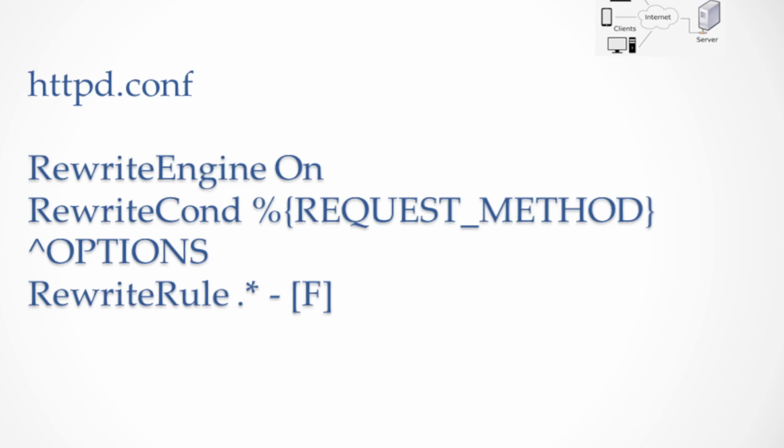And the third line is the rule that sets the action and URL that this action should be applied to, and this line above would be read as forbid access to all URLs. Taken through this rule, you can understand that it forbids access to all URLs for the OPTIONS request.